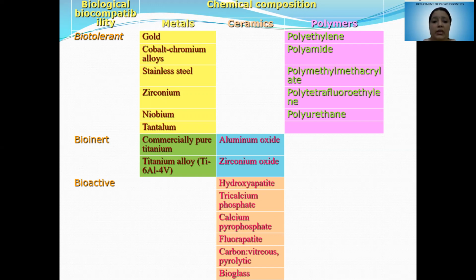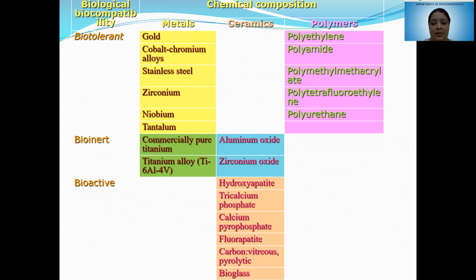The bioinert metals which are used most commonly today are titanium and its alloys. Bioinert ceramics like zirconium oxide and aluminum oxide are also used. Ceramics are basically bioactive materials which promote bonding osteogenesis and rapid osseointegration with the bone.